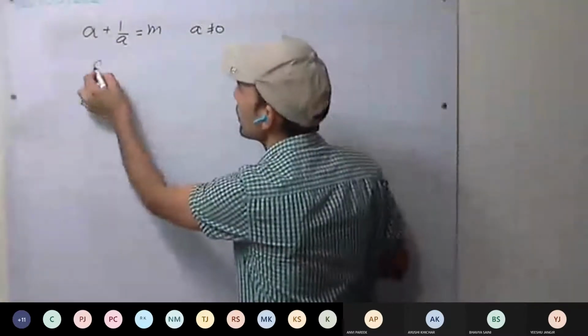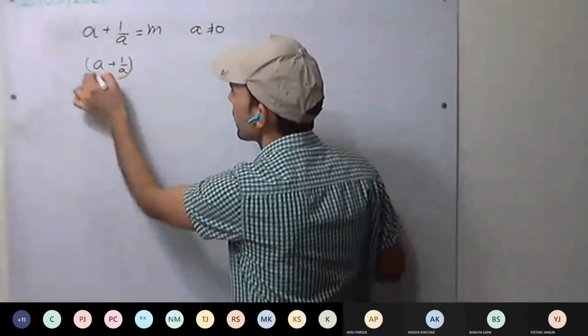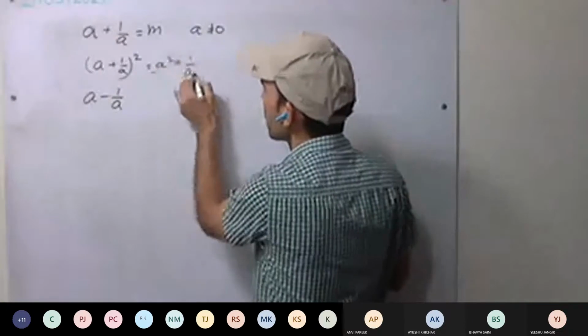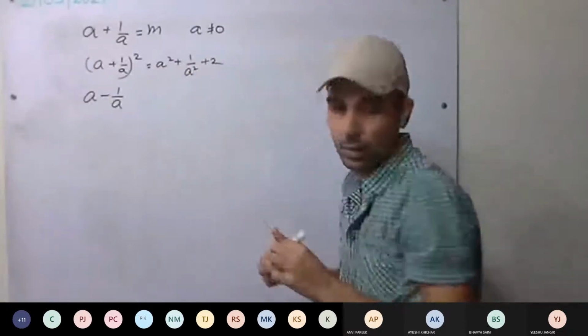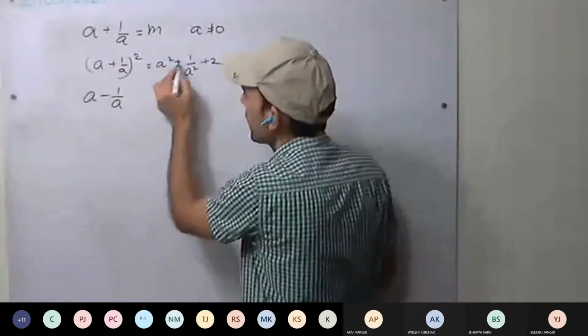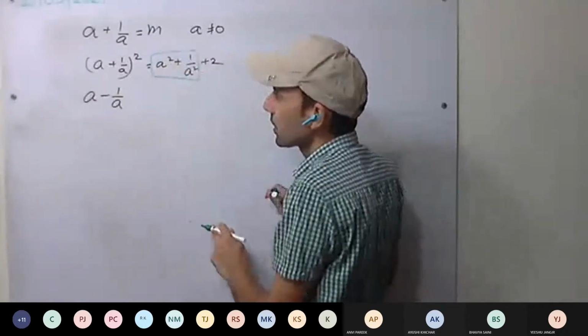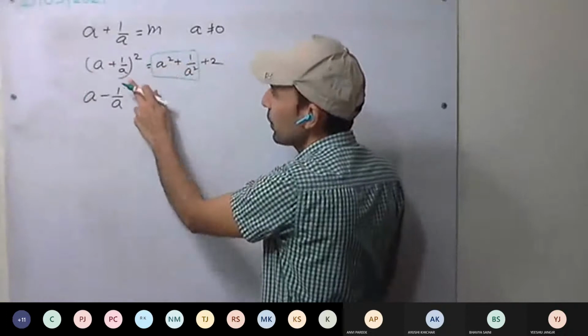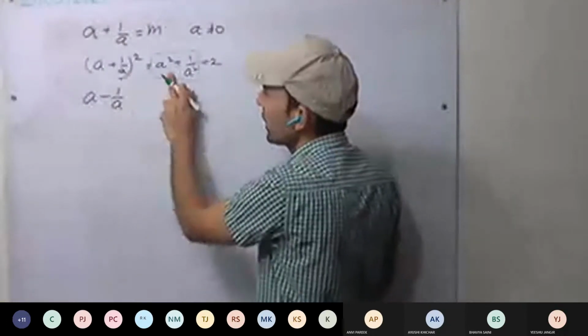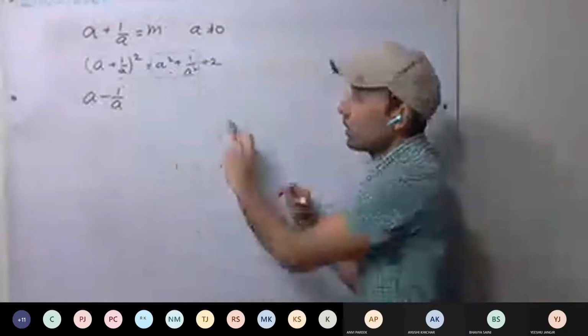Anyone in class? a plus 1 upon a, the whole square. Expand it: a square plus 1 upon a square plus 2. So its value you already have, m square. Its value in terms of m you will get. Yes or no? Its value you will get in its terms.